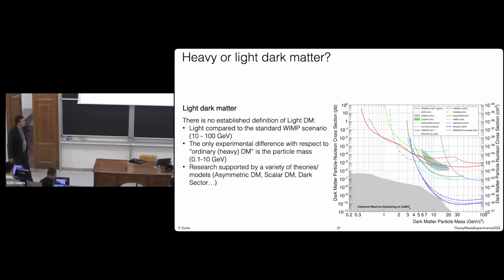Asymmetric dark matter, for example, and I don't want to touch too much theory because I'm mostly an experimentalist, is the idea that even in the dark sector there can be the same asymmetry that we have in the standard sector between matter and antimatter, because there is some kind of common origin.